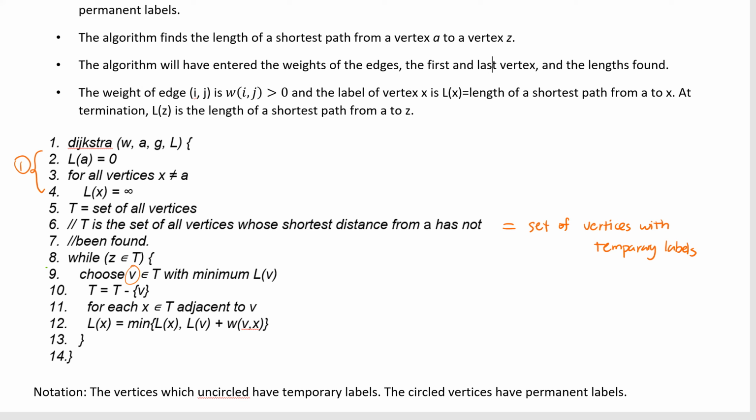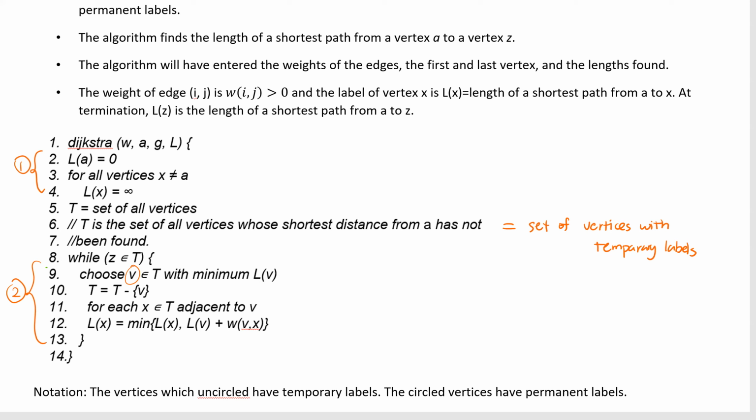Then you look at the vertices adjacent to v and find out what the new labels are. Then you compare which one is the minimum. The minimum one, you set that label to be a permanent label, and then you remove that vertex from the set. Those are step 2, and we repeat step 2 until we reach the vertex Z.